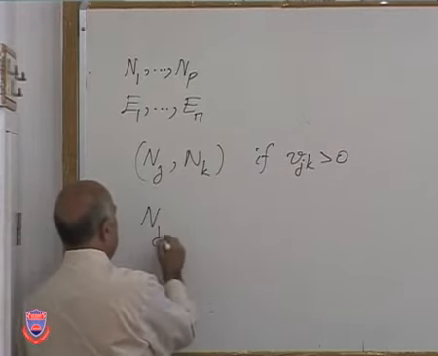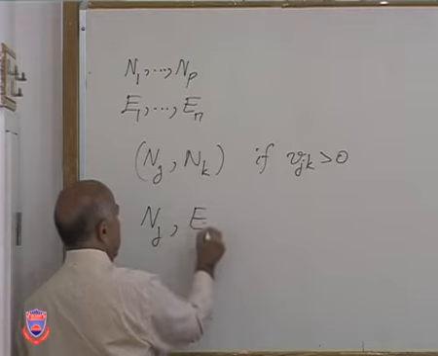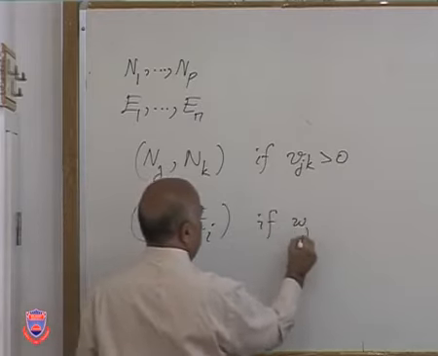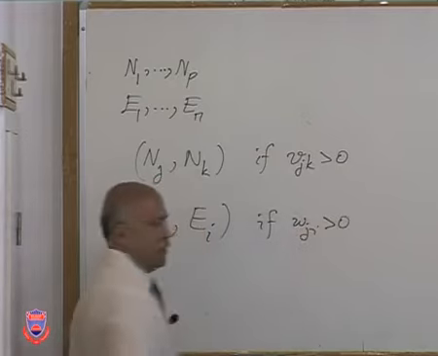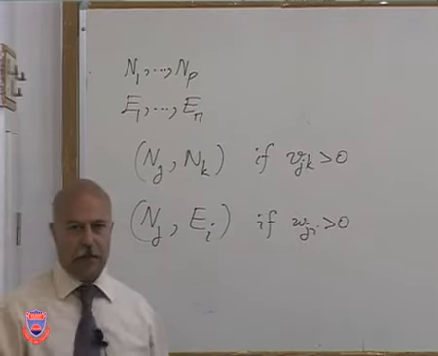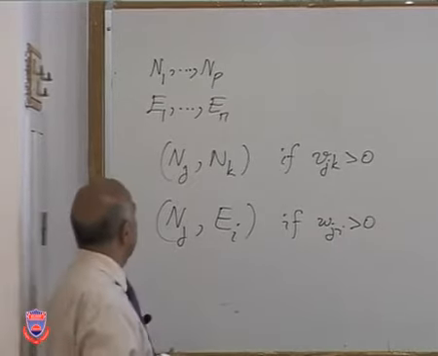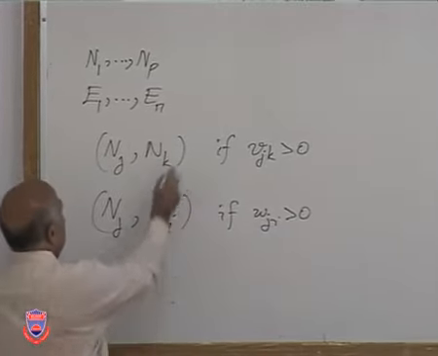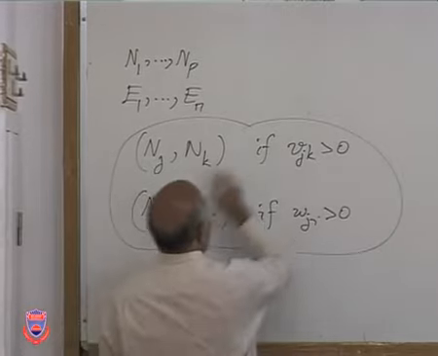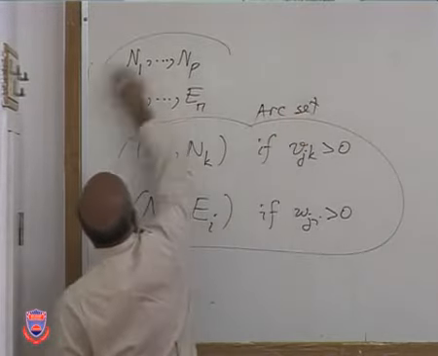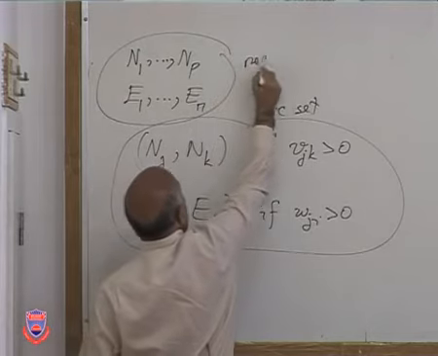Likewise, you connect Nj and Ei if the associated weight is non-zero or positive. We don't permit negative weights here. So this gives a network whose arc set is defined this way and whose node set is defined this way.